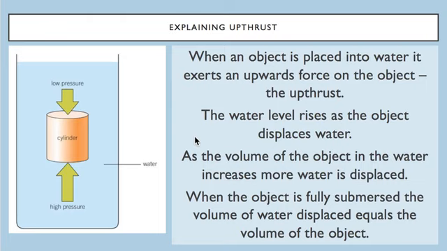As the volume of the object in the water increases, more water is displaced. If you just had this poking out the top, not all of its volume would be displaced, but as I push it under, the whole volume of this object would be displaced, and the displaced water would increase in total volume up there. When the object is fully submerged, the volume of the water displaced equals the volume of the object.